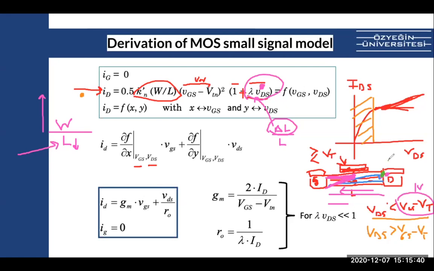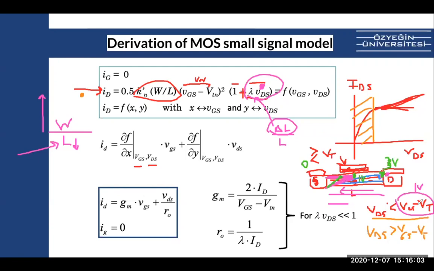But if you make VD 2 volts, that 1 volt, VGS minus VT, now has to be here. So you are pushing that pinch point to the left. If this is 3 volts, then you're pushing that 1 volt to here.